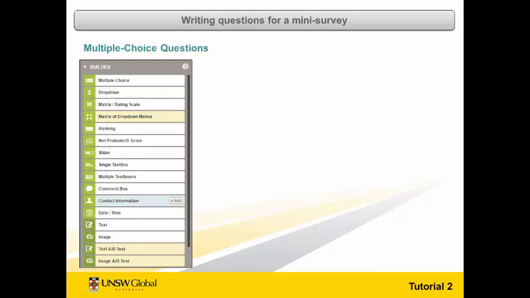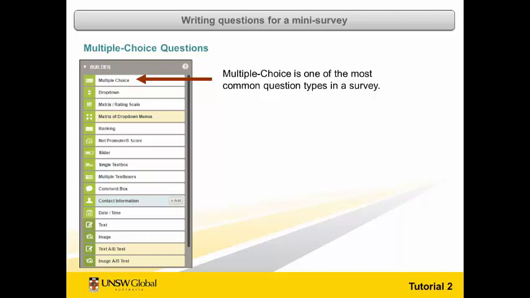As I mentioned before, in tutorial 3, we're going to look at SurveyMonkey, which is an online platform to create surveys. In this tool, you're able to select from a range of different question types. We'll be looking at multiple choice. And according to SurveyMonkey, multiple choice is one of the most common question types in a survey.